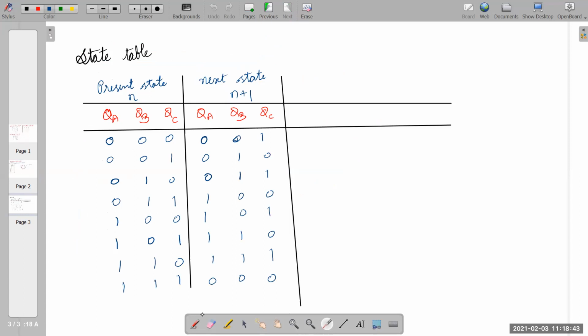So we have three flip-flops: first flip-flop is A flip-flop, second is B flip-flop, third is C flip-flop. We give the name for the first flip-flop input as JA KA, second flip-flop input is JB KB, and third flip-flop input is JC KC. These are the inputs.